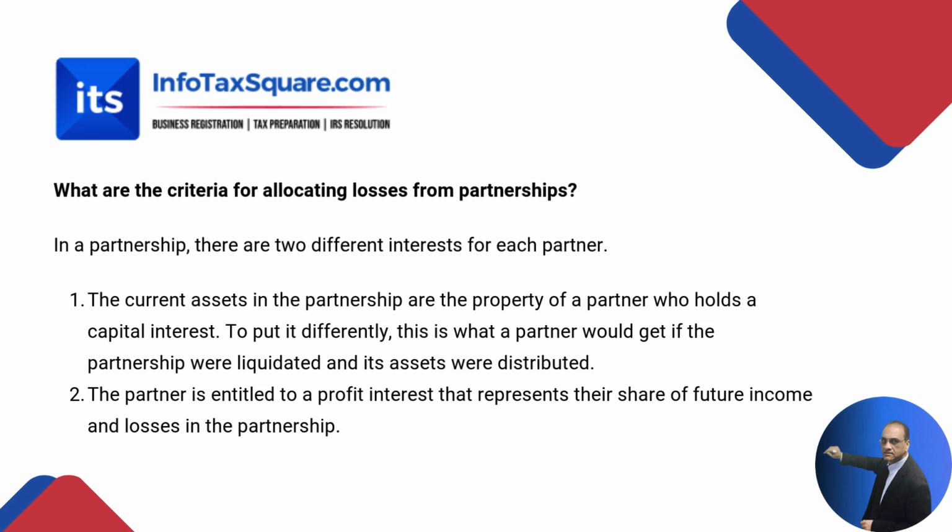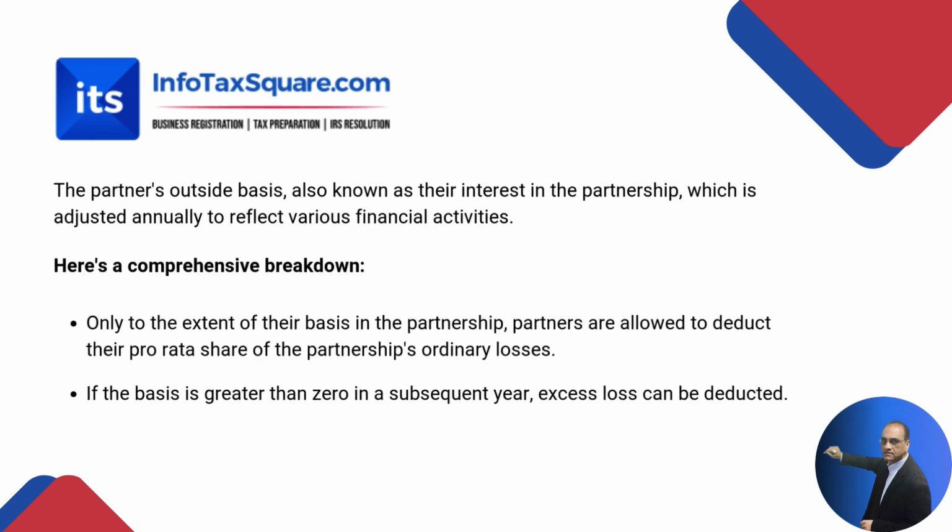To put it differently, this is what a partner would get if the partnership were liquidated and its assets were distributed. Number 2, the partner is entitled to a profit interest that represents their share of future income and losses in the partnership. The partner's outside basis is also known as their interest in the partnership, which is adjusted annually to reflect various financial activities.